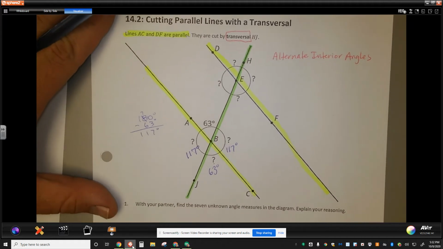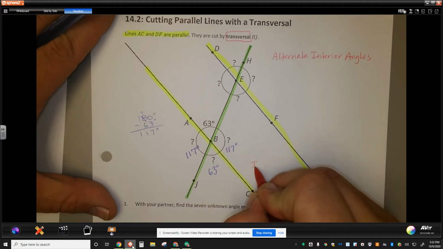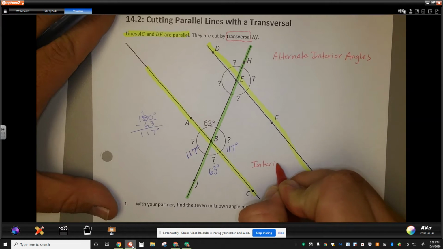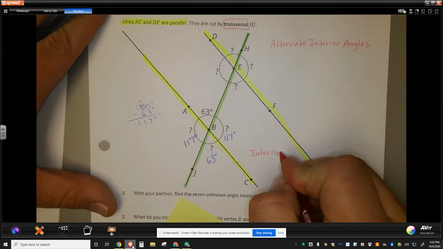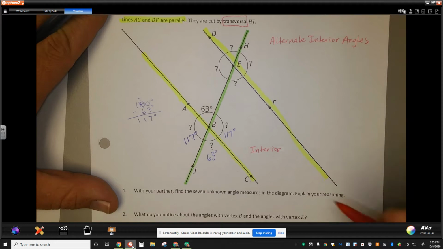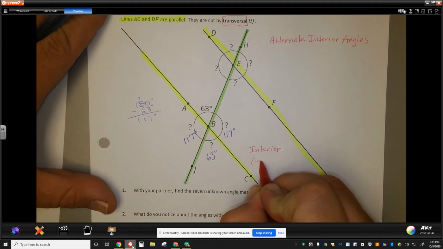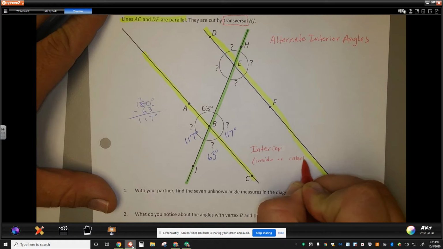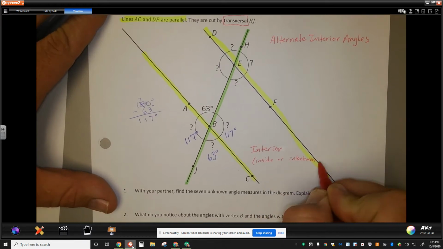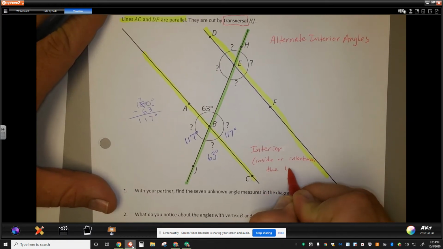When we say interior, we're talking about this section right here between the two parallel lines. What we mean by interior is we are inside or in between the lines.